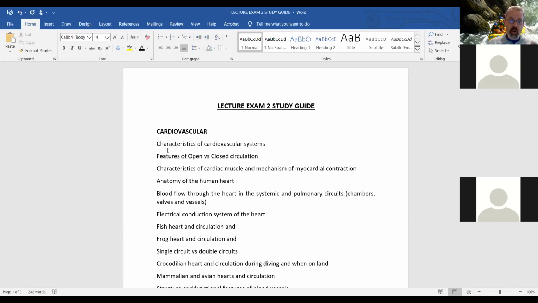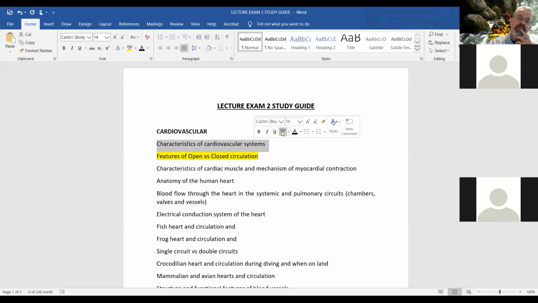Having said that, of course, the first thing we spoke about was the differences between what we call open versus closed circulation.